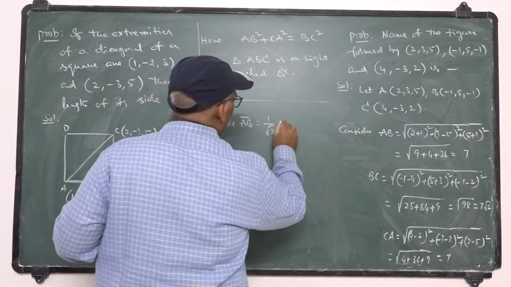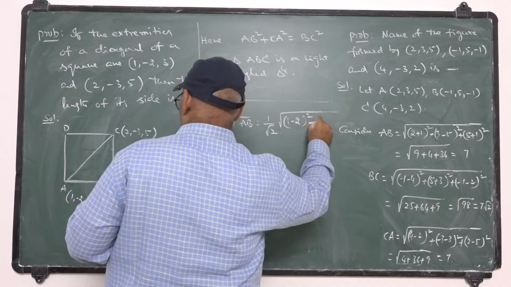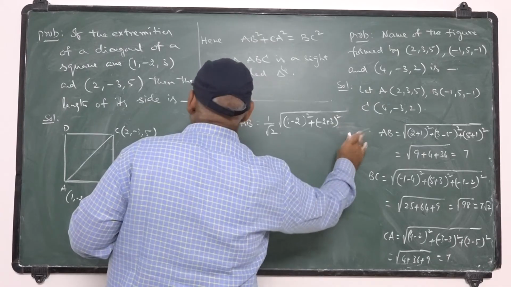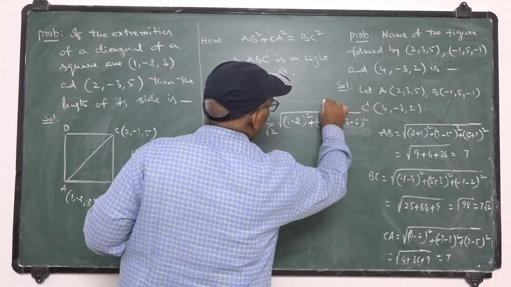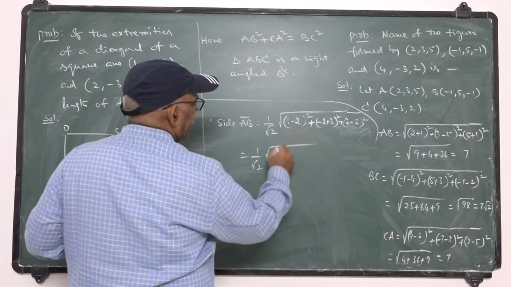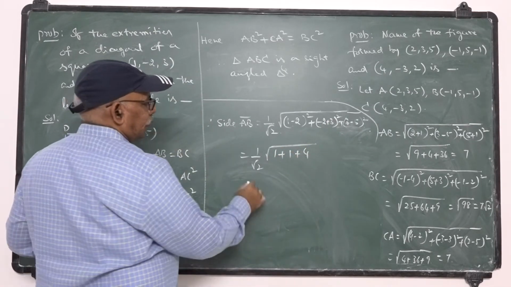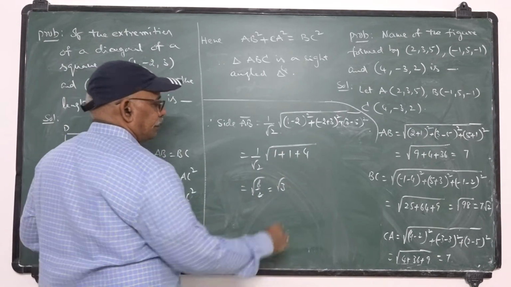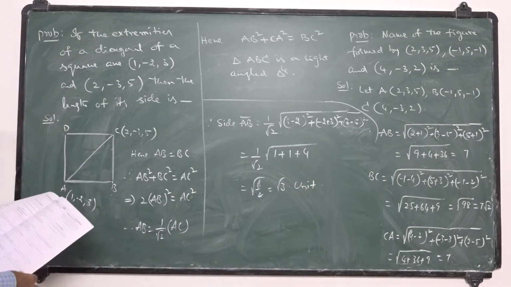Diagonal length is the square root of 1 minus 2 whole square by distance formula, minus 2 plus 3 whole square, 3 minus 5 whole square, which is 1 by root 2 into the square root of 1 plus 1 plus 4, which is root 6 by 2, that is root 3. Length of the side of the square is root 3 units.